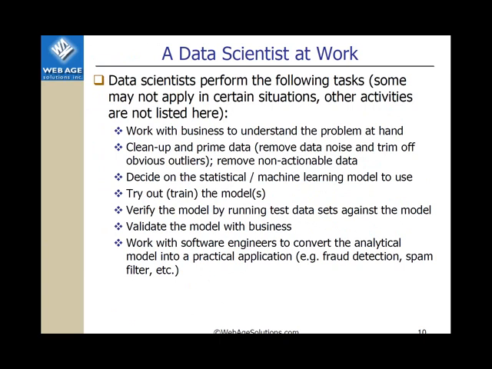Software engineers would help you essentially roll out your project in production. And your applications would probably solve a number of practical problems that you are currently facing, whether it's fraud detection, maybe correlating data, applying spam filter, and what's not.